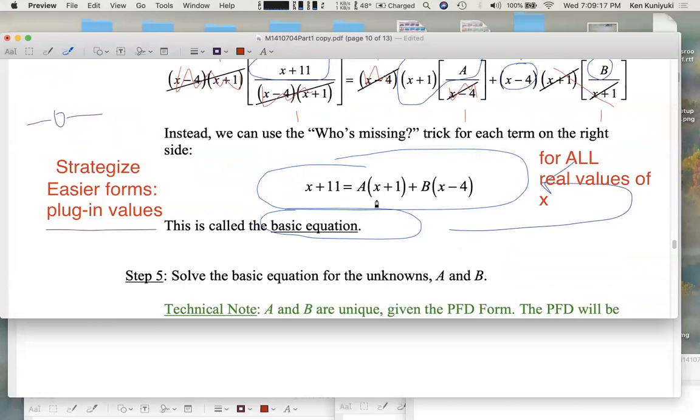Because a great value for x here would be -1, which was outside the domain of this guy. X equals -1 would make this whole term equal to 0. And then we're going to solve for b. Likewise over here, if x equals 4, that's going to make this term 0, and we can then solve for a. Now we do this one at a time. Don't plug in these simultaneously. We're going to plug one of these in first and the other second.